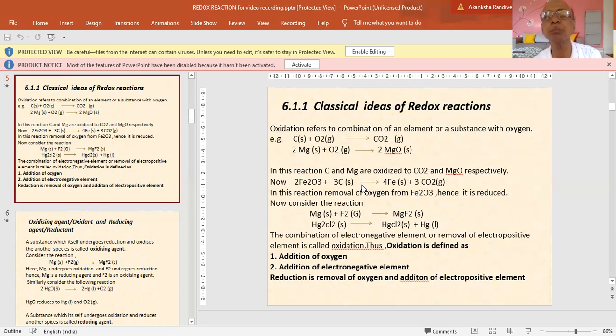Oxidation means combination with oxygen. That is, whenever an element or a substance combines with oxygen, the reaction is called oxidation reaction.